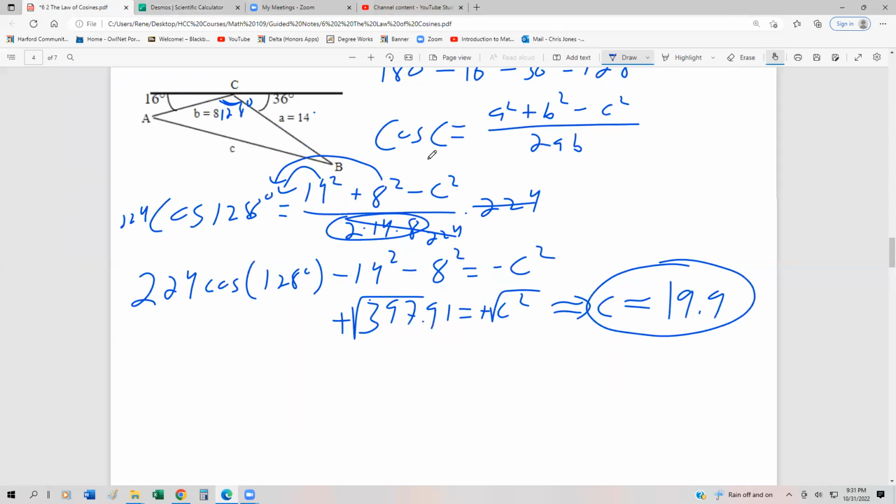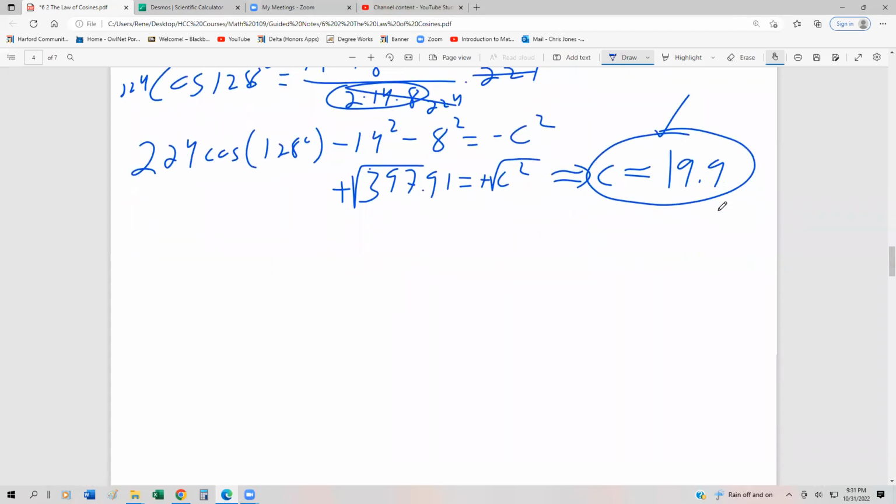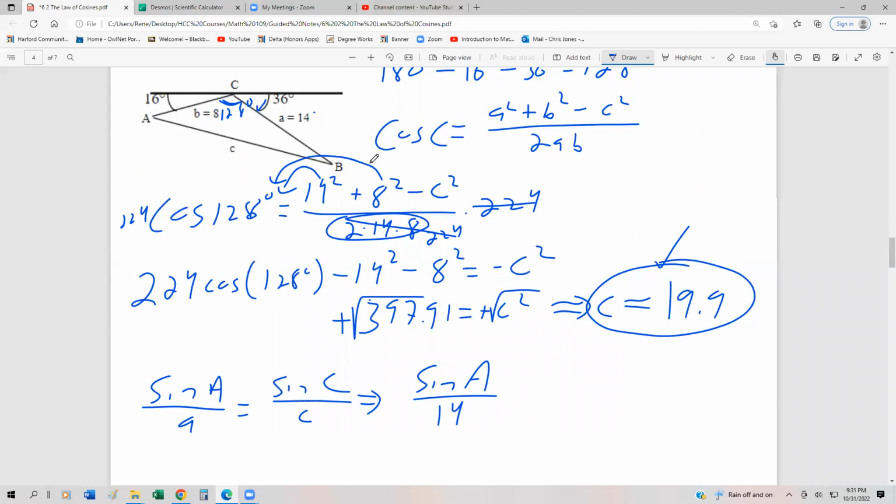All right, now we know both an angle and we know one of the side measures. So now what we can do is go ahead and use the law of sines. Recall, sine of A divided by a is equal to the sine of C divided by c. And we don't know what the angle A is, but we certainly know that side a is 14. Okay, so we just go back up here.